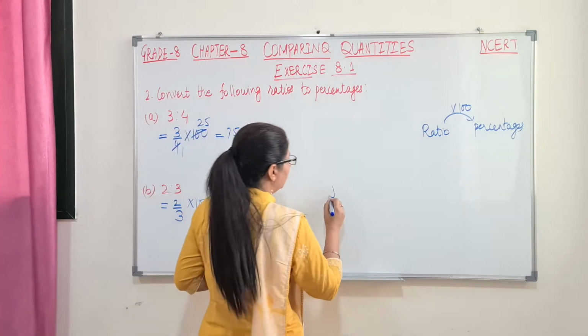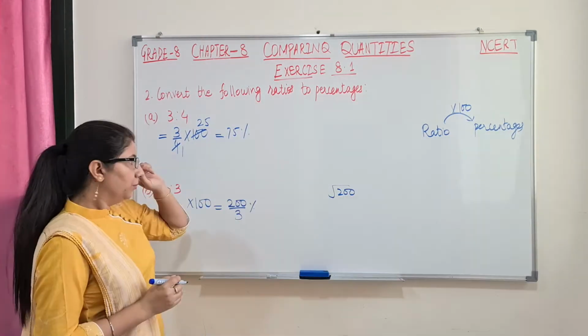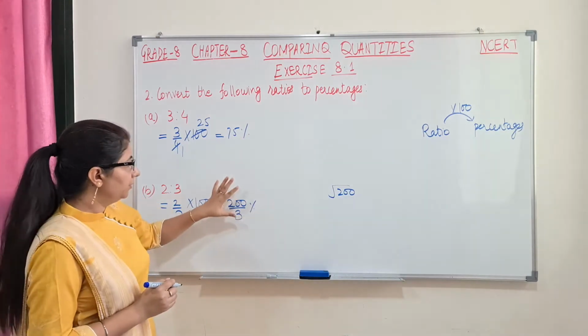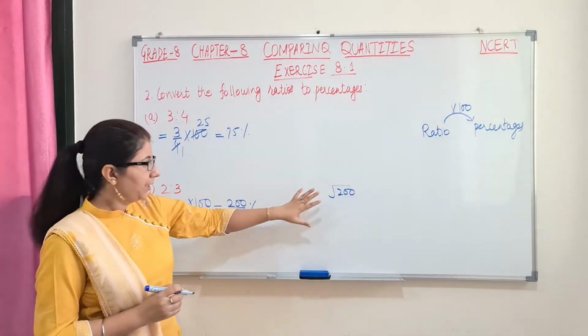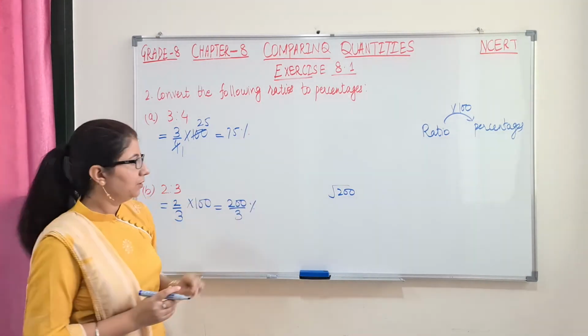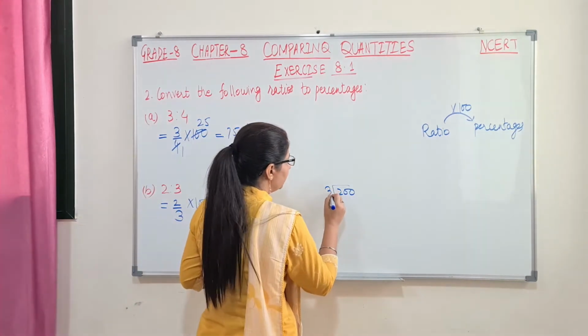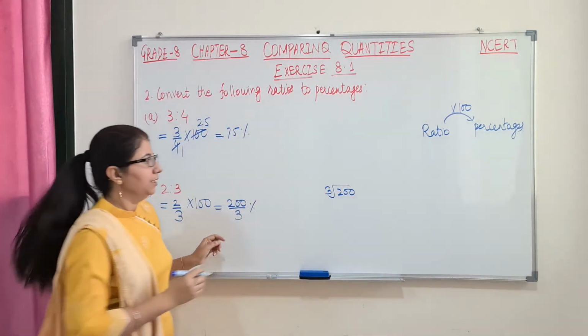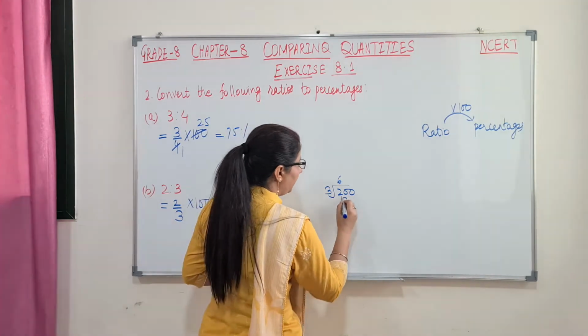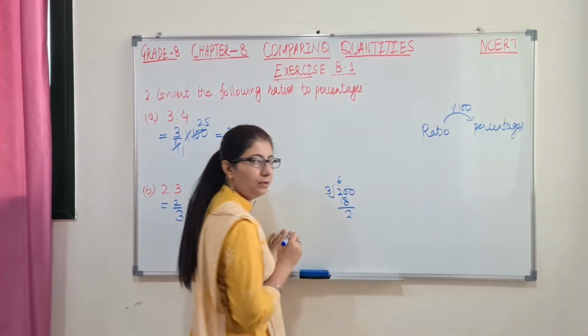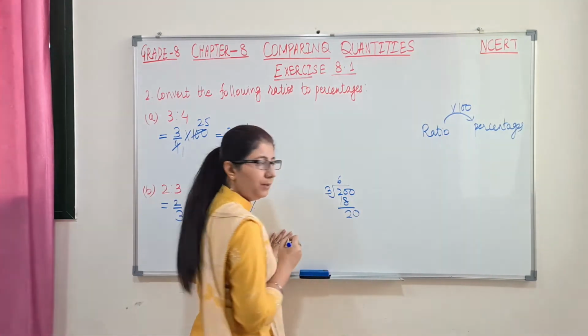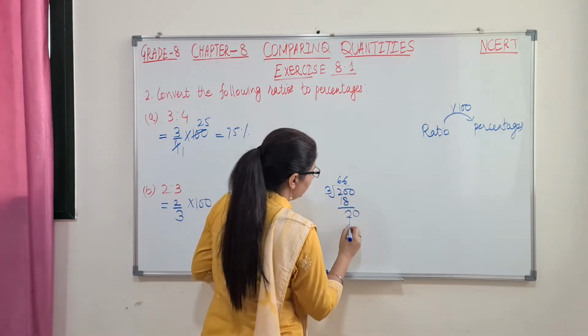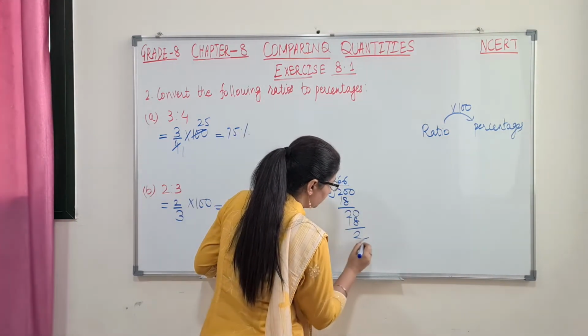I will explain how to calculate, because most of you already know how to convert an improper fraction to a mixed fraction. If there is any doubt, just look here. So 200 is to be divided by 3. First, 3 6s are 18. Remainder is 2. This 0 will come here. Again 3 6s are 18. Remainder is 2.